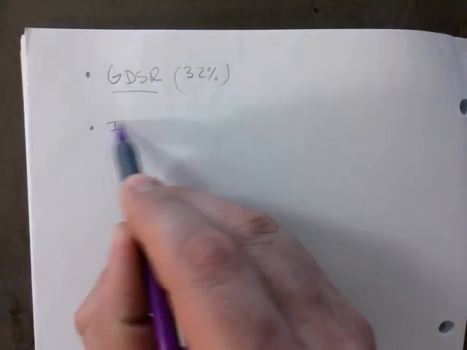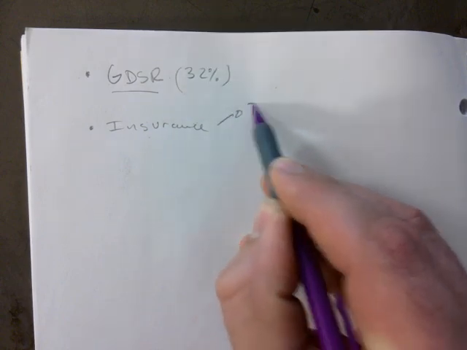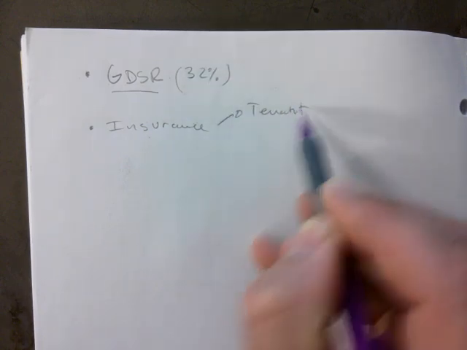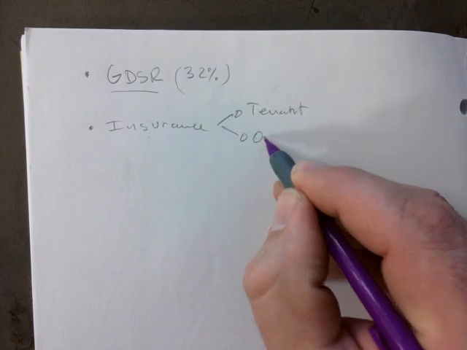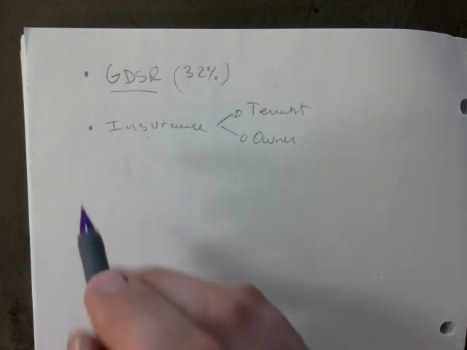You need to know insurance. There's tenant versus owner, homeowner, right? The formula back of the booklet, very back of the booklet. Yeah. The formula is exactly the same for both.